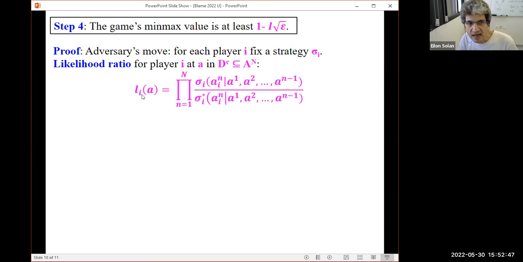Okay. So what is the likelihood ratio of player I given a sequence of moves?